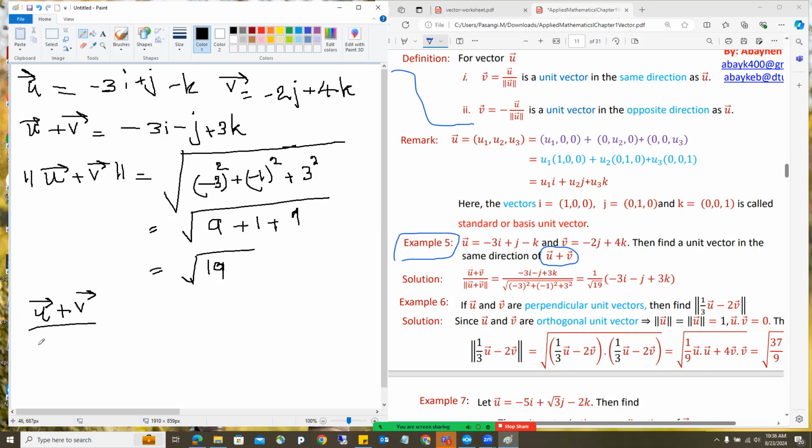So this vector should be divided by its magnitude. That is minus 3i minus j plus 3k divided by the square root of 19. Is it clear? Are you sure it's clear?